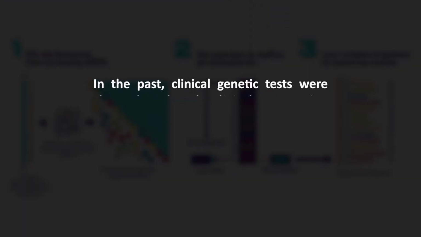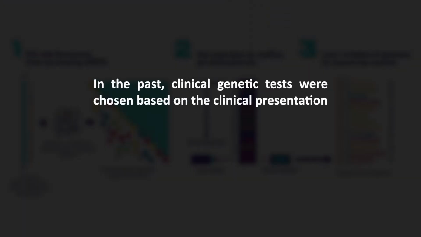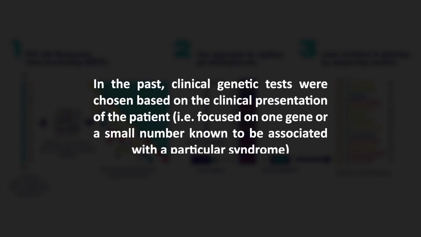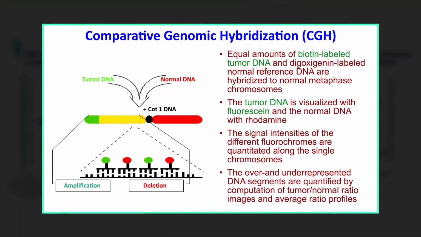In the past, clinical genetics tests were chosen based on the clinical presentation of the patient, that is focused on one gene or a small number known to be associated with a particular syndrome, or surveyed only certain types of variation, for example comparative genome hybridization, but provided definitive genetic diagnosis in fewer than half of all patients.